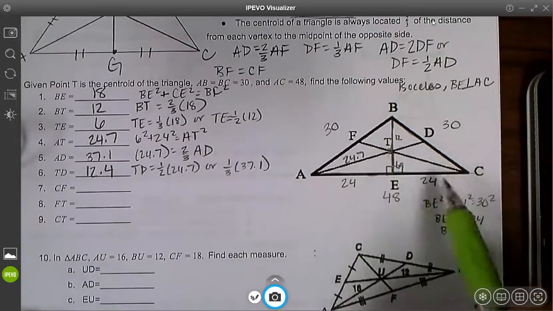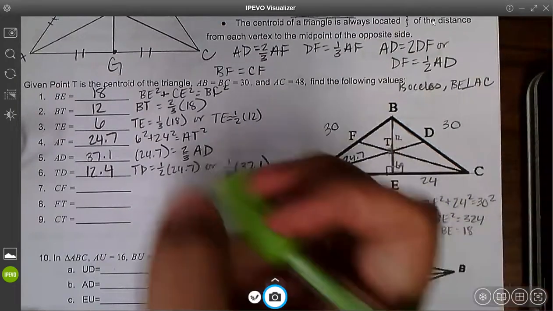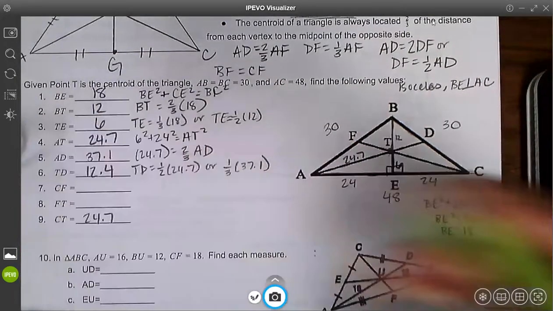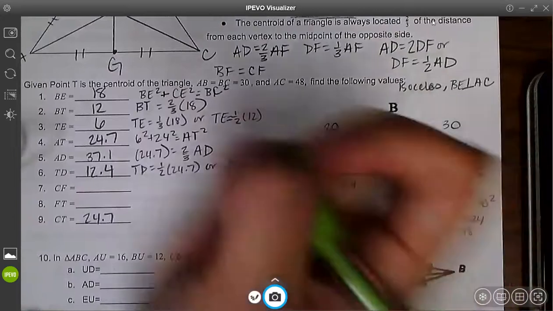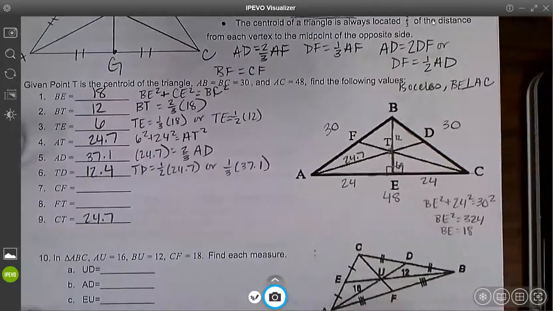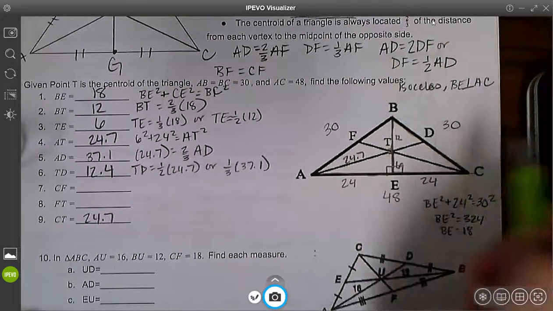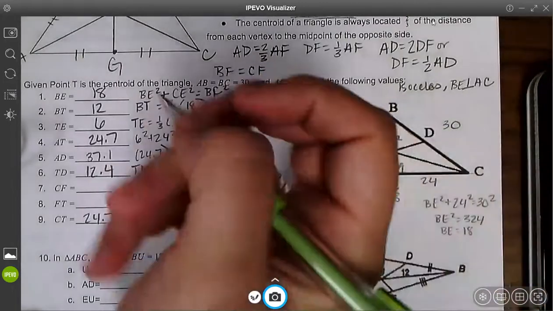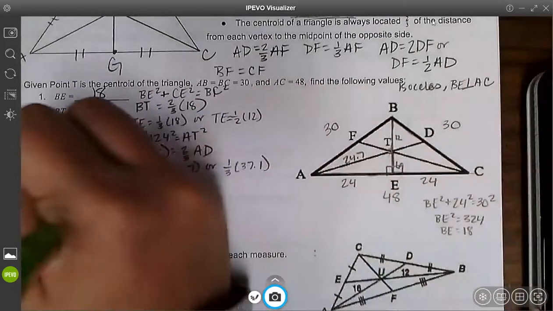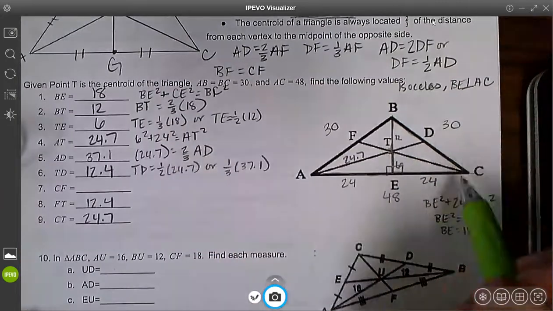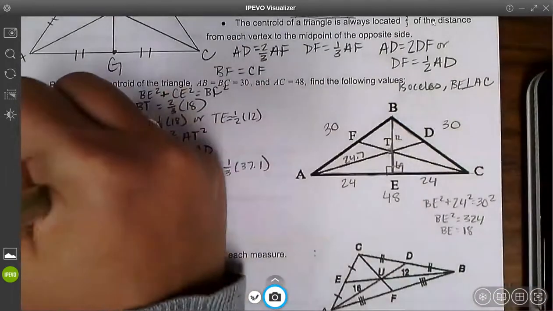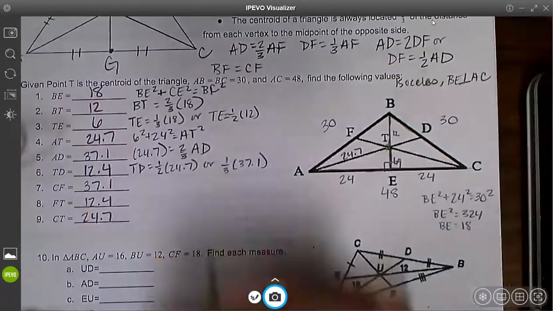So CT is the same thing as AT, which is 24.7. FT is the same thing as DT because this is an isosceles triangle. This only works when it's an isosceles triangle. DT is equal to FT, which was 12.4, and CF is going to be that whole thing, AD, which is 37.1.